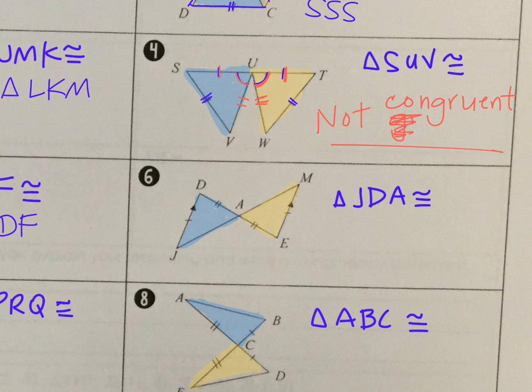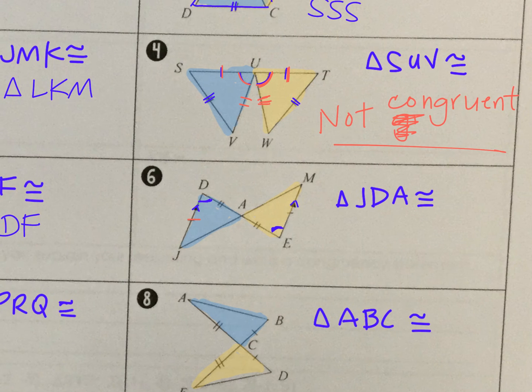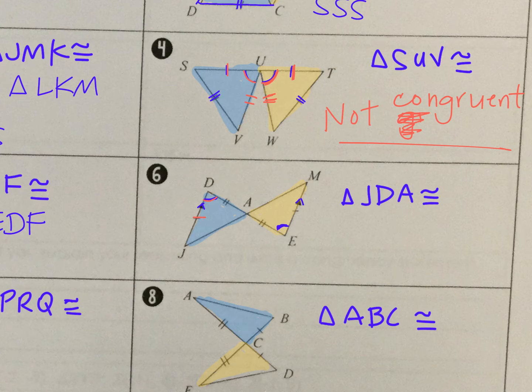But I see this little arrow right here. It means that these lines are parallel. And remember how we learned that alternate interior angles are congruent? Well, now I have a side angle side and a side angle side. So this will be congruent side angle side, and we JDA.